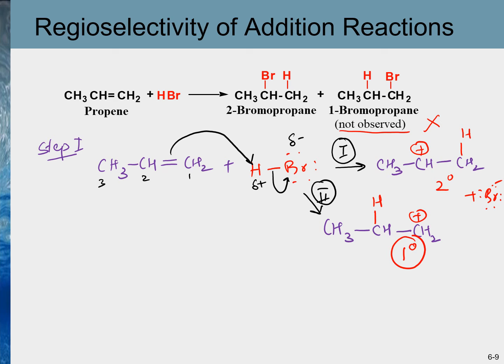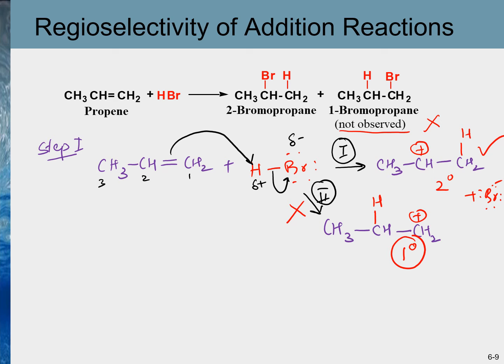So hence possibility number 2 does not form, or in other words, because of the low stability of primary carbocation, possibility number 2 does not even exist. So the only reaction intermediate which does exist is the secondary carbocation.